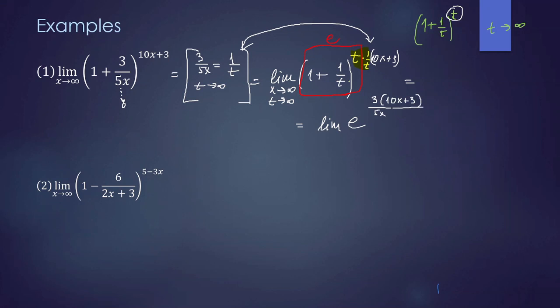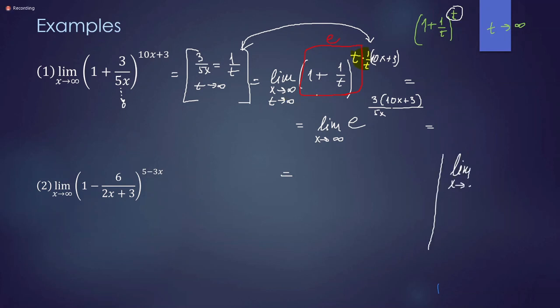So we can do separately this thing, the limit when x tends to infinity of 3 times 10x plus 3 divided by 5x. So that is the limit of 30x plus 9 divided by 5x.